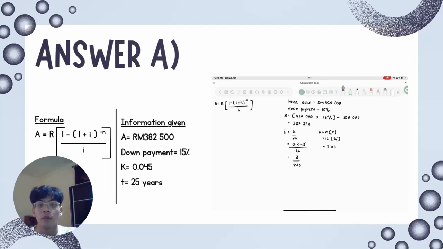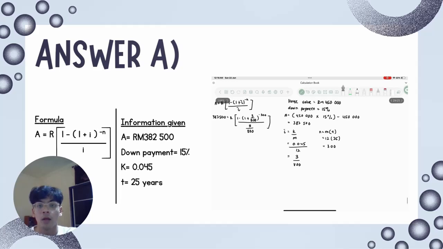And now we can insert all the information and all the values into the formula. A, 382,500, equal to R multiplied by 1 minus 1 plus the value of i, 3 over 800, power of negative 300, which is n, divided by the value of i, 3 over 800.